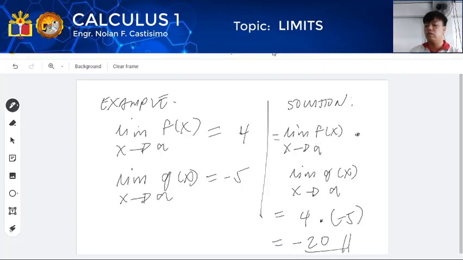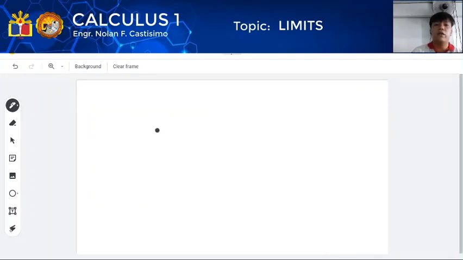So, dito sa examples natin, meron lang tayong dalawang functions na ginawa, which is f of x, then g of x. So, sabi kanina sa remark 1 ng Theorem 5, pwede daw natin gamitin yung addition, subtraction, and multiplication ng Theorem 5 and 4 sa marami pang functions.